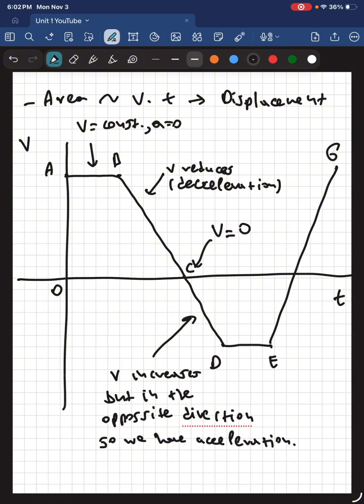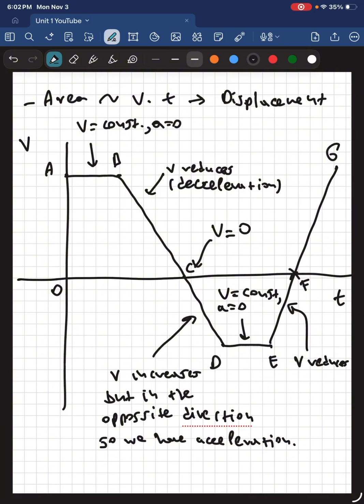Okay, now from D to E, the object moves in the opposite direction because the velocity is still negative, okay? So from D to E, we have a constant velocity, but in the opposite direction, and the acceleration is 0. And then what's going on here? From E to F, I need the point F there as well, okay? So from E to F, V reduces now, because we have some large negative velocity, and then it gradually goes to 0.